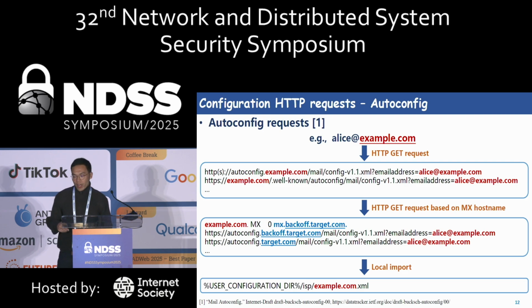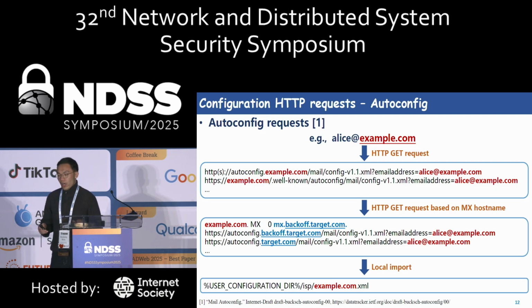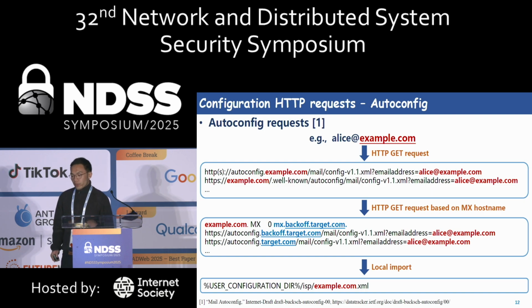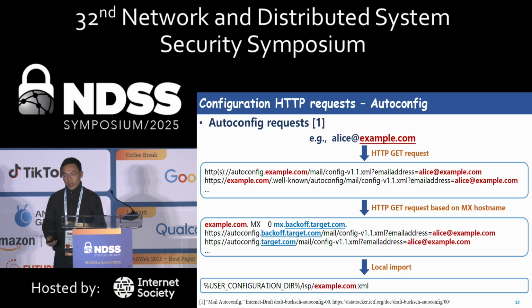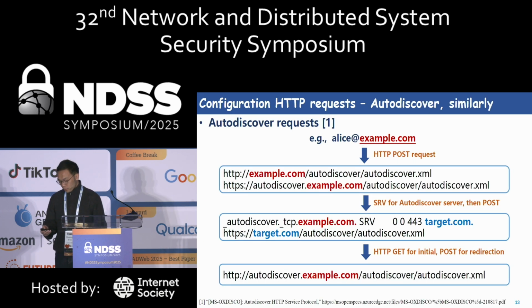Autoconfig also provides a fallback mechanism, allowing the clients to construct a request based on the MX host name. And then if the client cannot receive configurations through a real-time request, it can also check and import the configuration files from its local file.